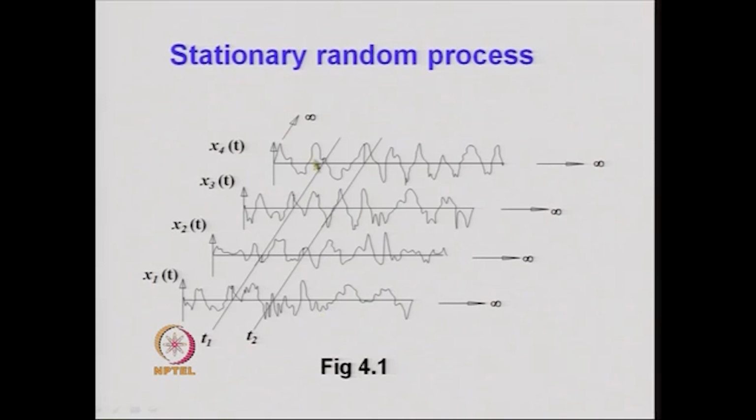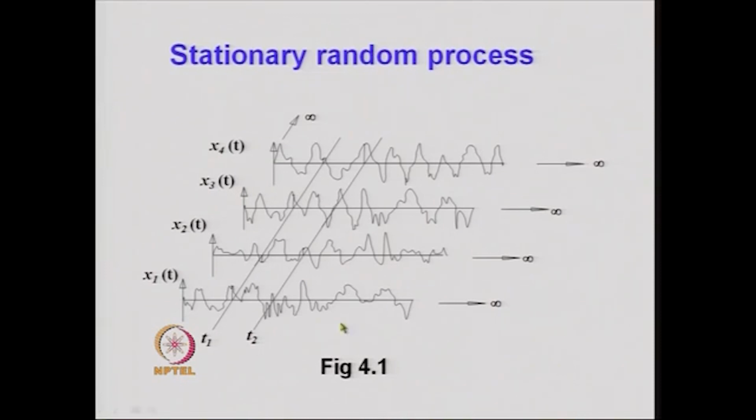Now, if I consider the value of x(t1) over the ensemble and average them, that means take an average of all the values that x(t1) can take across the ensemble, then we will get an ensemble average at time t1.